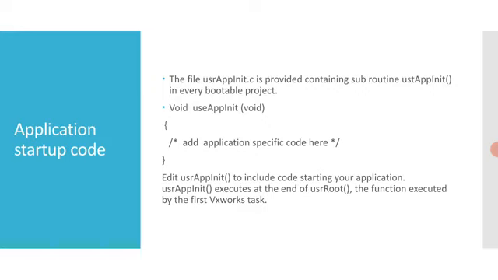See here, void usrAppInit, add application specific code here, and then edit usrAppInit to include code starting your application. usrAppInit executes at the end of usrRoot. This we already discussed: the function executed by the first VxWorks task. For linking an application with VxWorks, add application source code to the bootable VxWorks project and build together.